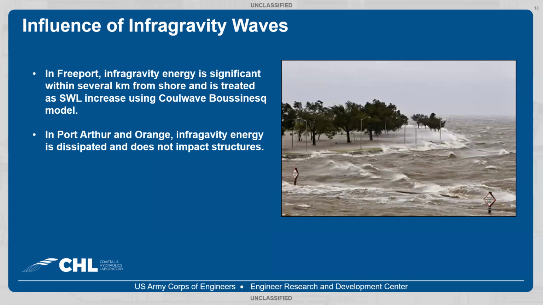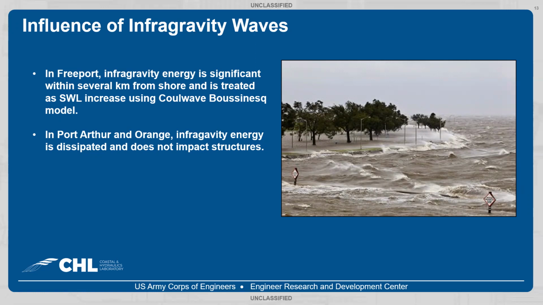As I said, infragravity waves are fairly important for inland flooding because there's a massive energy shift in the wave spectrum as you go inland. For Freeport, where the flood risk management system is fairly close to the shore, within several kilometers, these infragravity waves are fairly important.